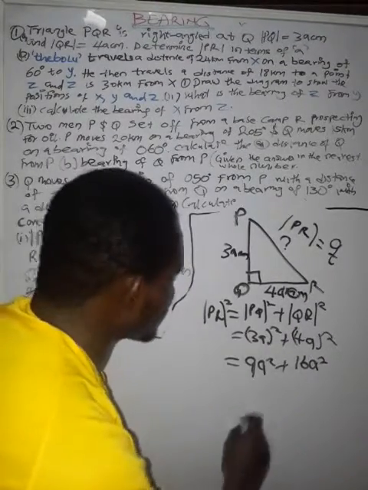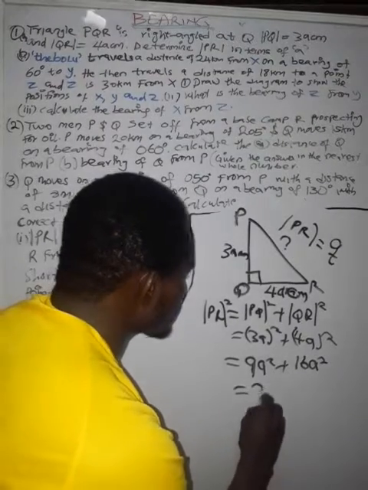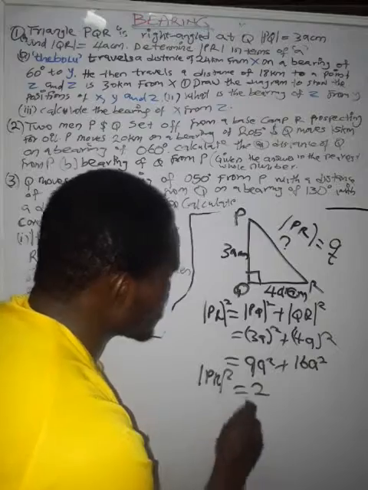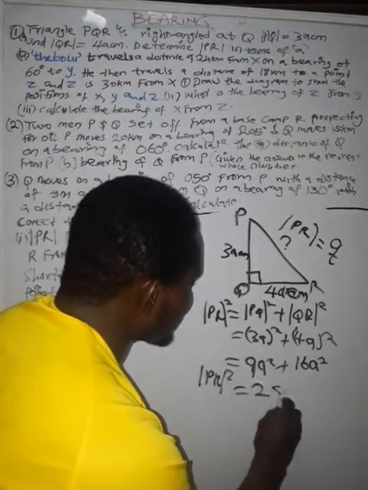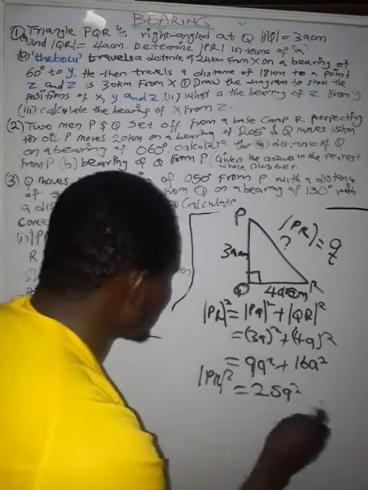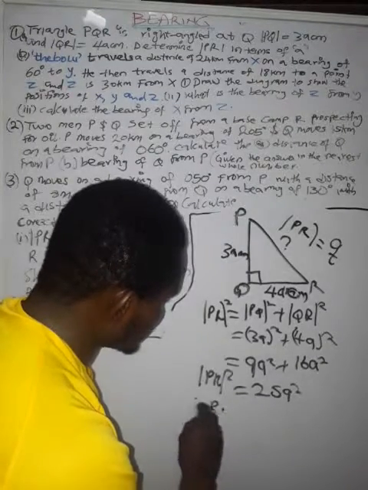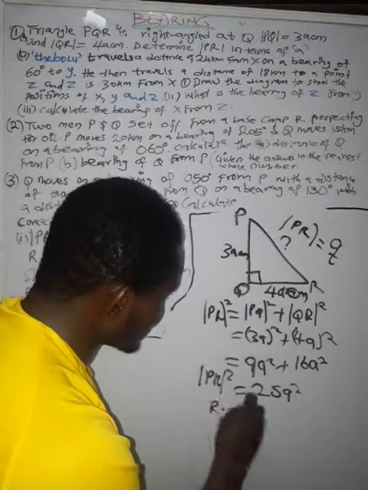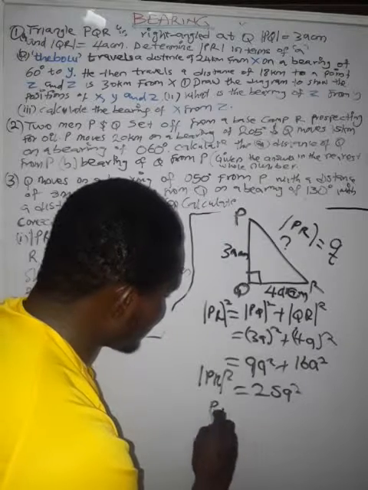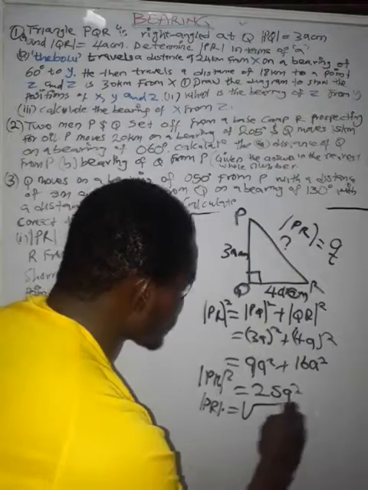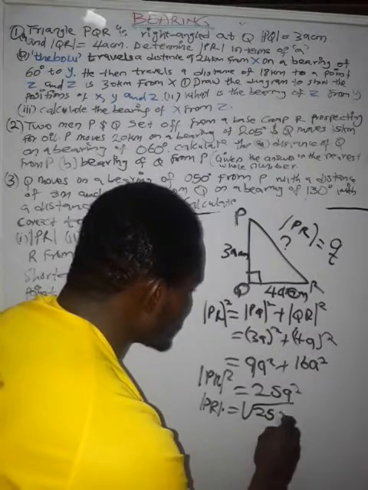So this will become 25a square. That is line PR all square equals 25a square. So we find the square root of both sides. We have line PR equals square root of 25a square.